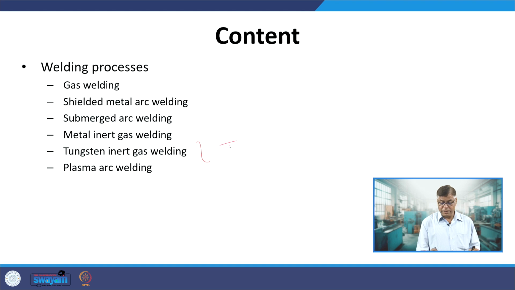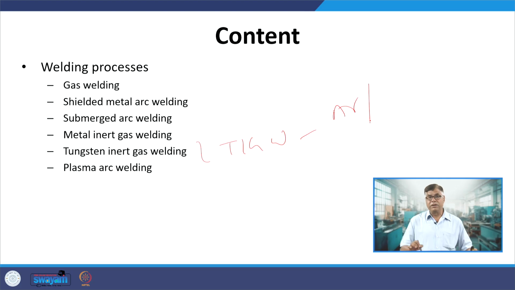Then the TIG welding: in TIG welding we always use inert gases only, and CO2 is not used, because CO2 will decompose and produce oxygen that will thermally damage the tungsten electrode. This is one of the reasons, and it uses a short arc length as compared to the other processes.